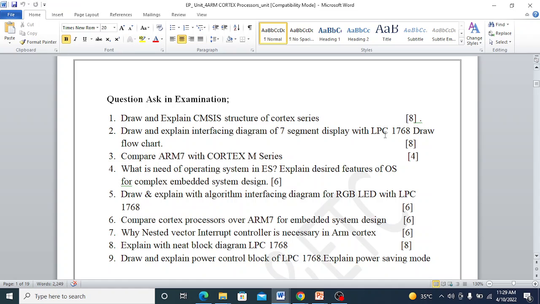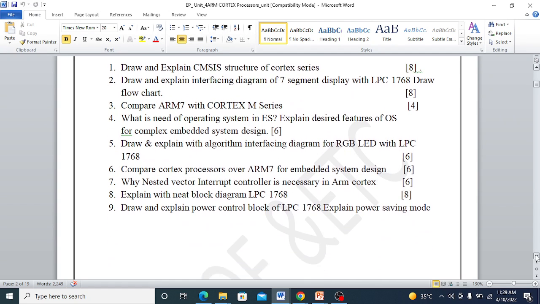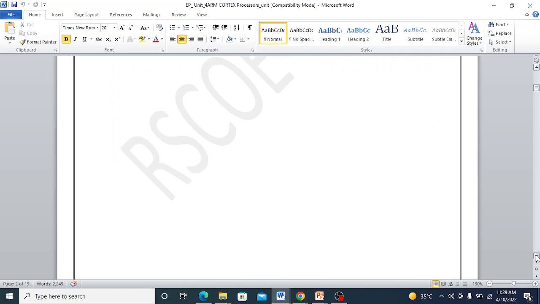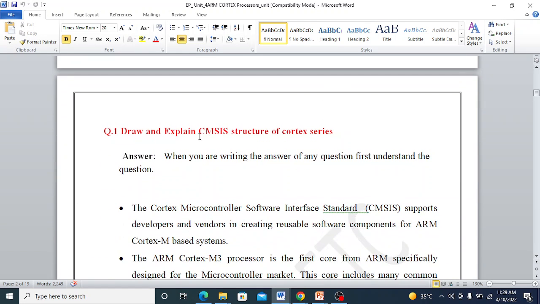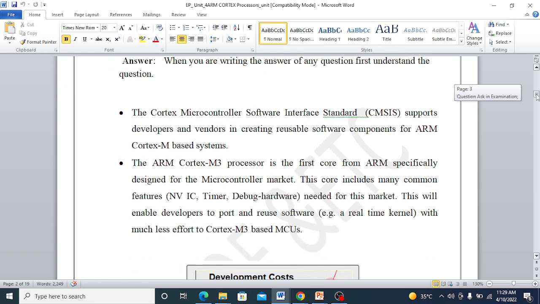Draw and explain the CMSIS structure of the Cortex series. Draw and explain the interfacing diagram of 7 segment. Compare the ARM7 and Cortex M. What is the need of an operating system? After that I'm attaching the question answers, to show what exactly the question is and how you are writing the answer for this. So it is given here.